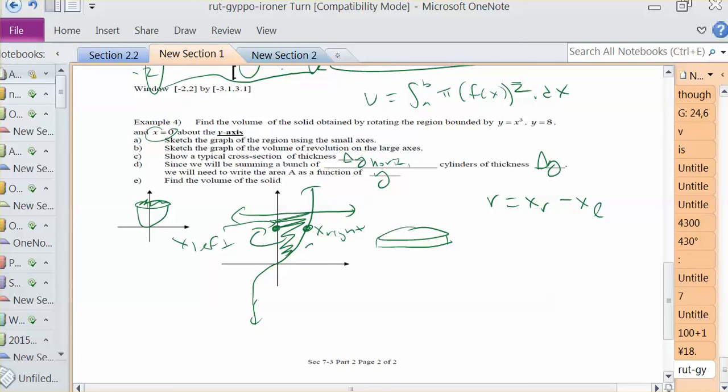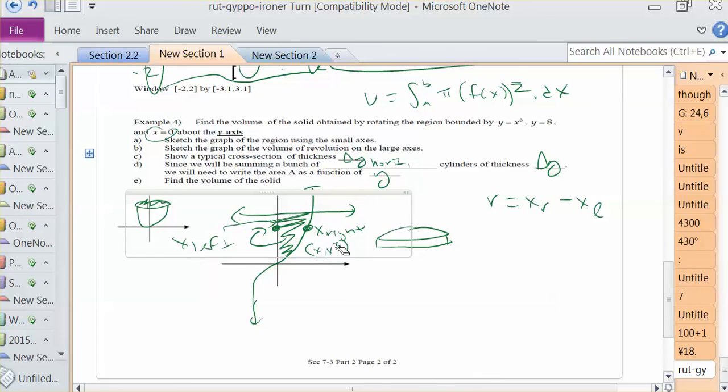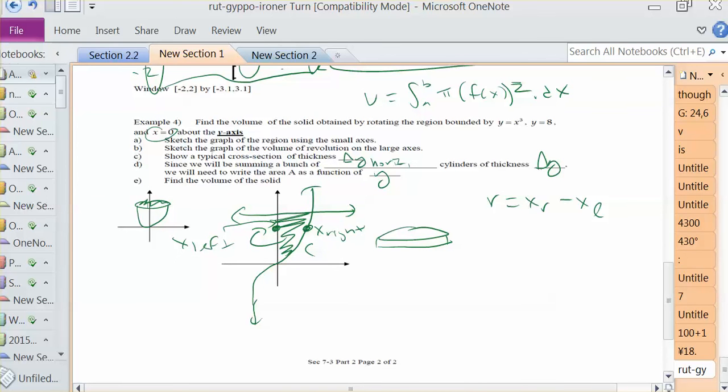Or x right we could think of as being (x, x cubed). Or sorry, let me take that back. We want this in terms of y. Hold on, why am I confusing myself?